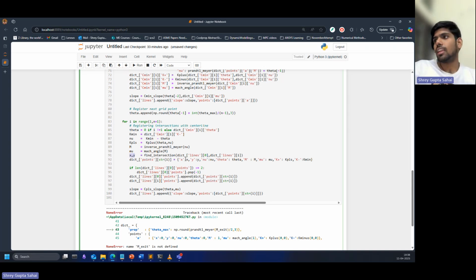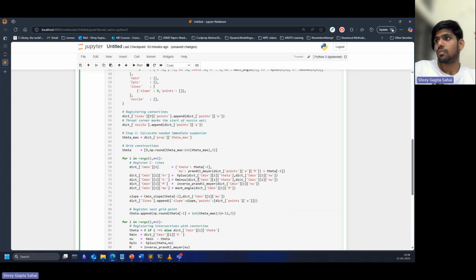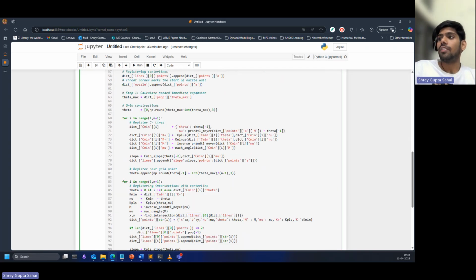The first line is the center line, which we have saved as the first line, and the nth line. You see, we had been storing the C minus slopes as these. In this, I could actually use C minus 1.